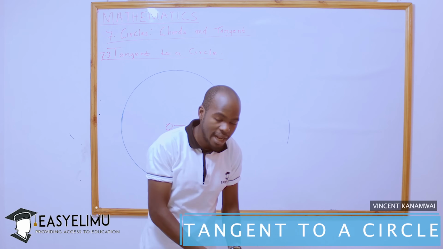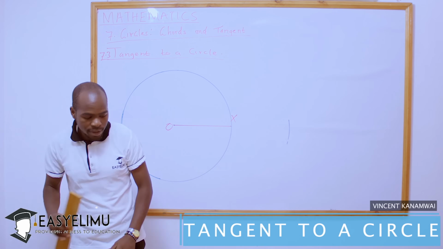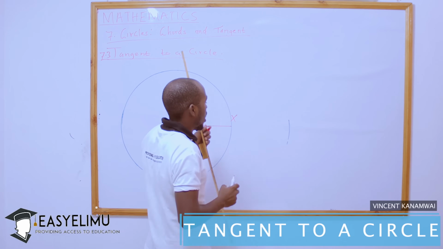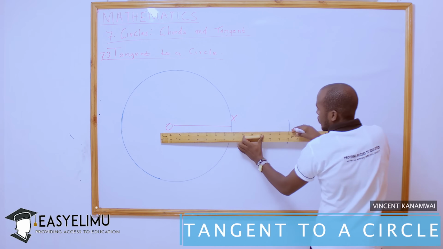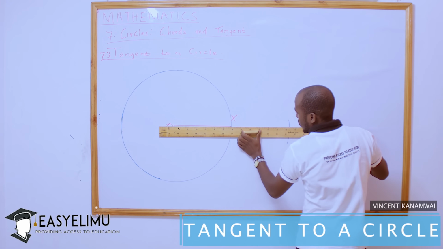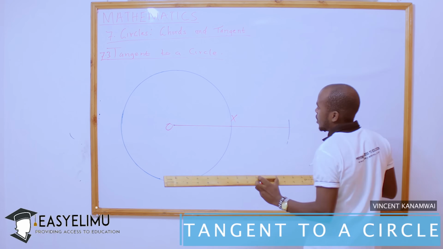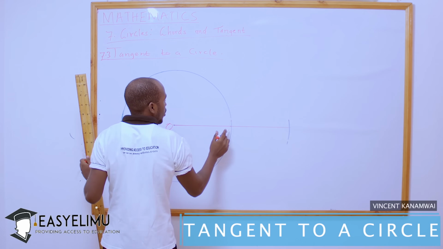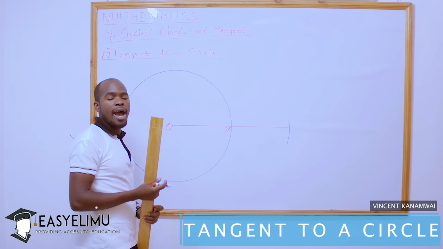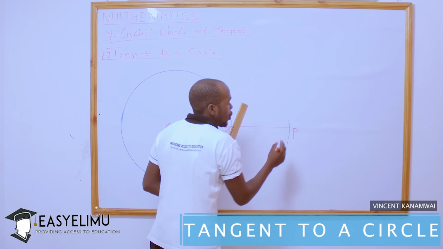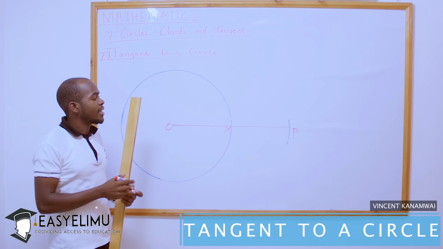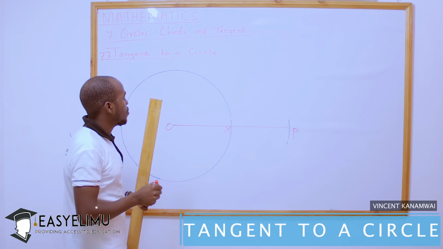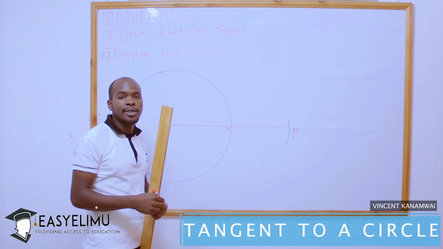Then I extend the line OX to that arc. If this is my X here, I will call the external point P, such that OX is equal to XP.